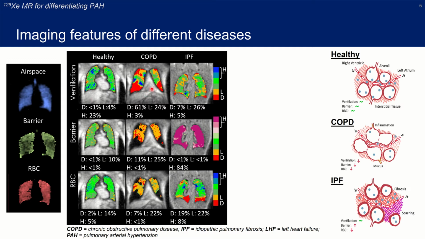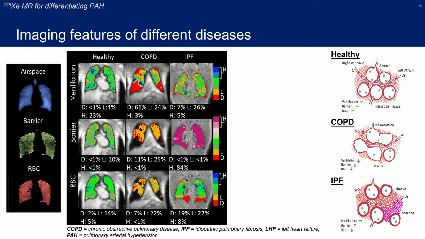COPD primarily has abnormal ventilation. IPF primarily has an increase in barrier signal, as shown by this purple signal here, which is just very high barrier. And then if you look in the healthy group, obviously, they're green all throughout.